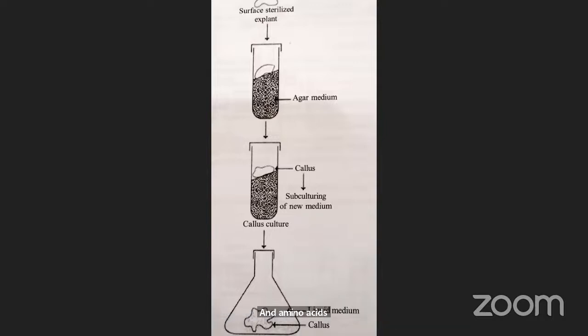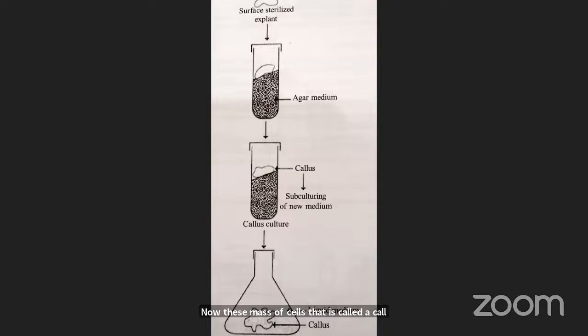Next, this medium is placed in a lighting area. At that time, these explant cells absorb water and minerals from the medium, undergo repeated divisions and form a mass of cells. Now this mass of cells is called callus.